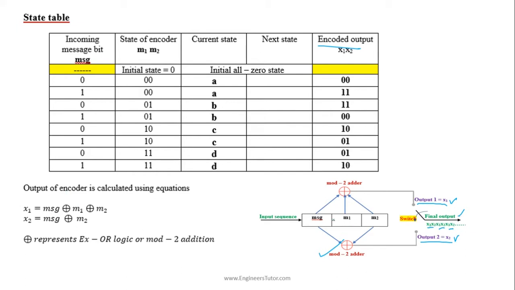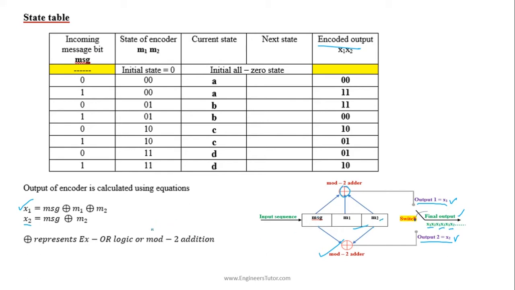From this diagram we can write the first output x1 as the modulo 2 addition of MSG plus M1 plus M2, because all 3 are connected to the mod 2 adder, and the second output is connected to the first stage and last stage, so x2 is MSG plus M2.